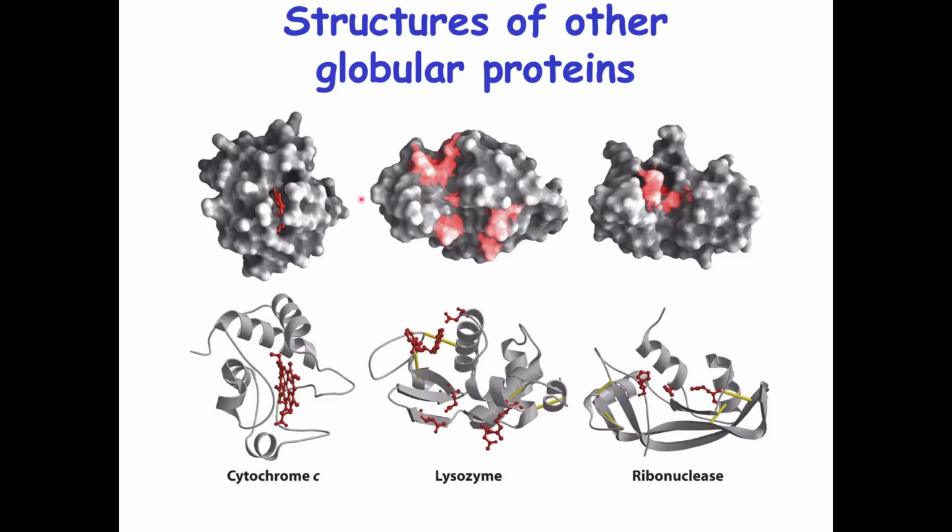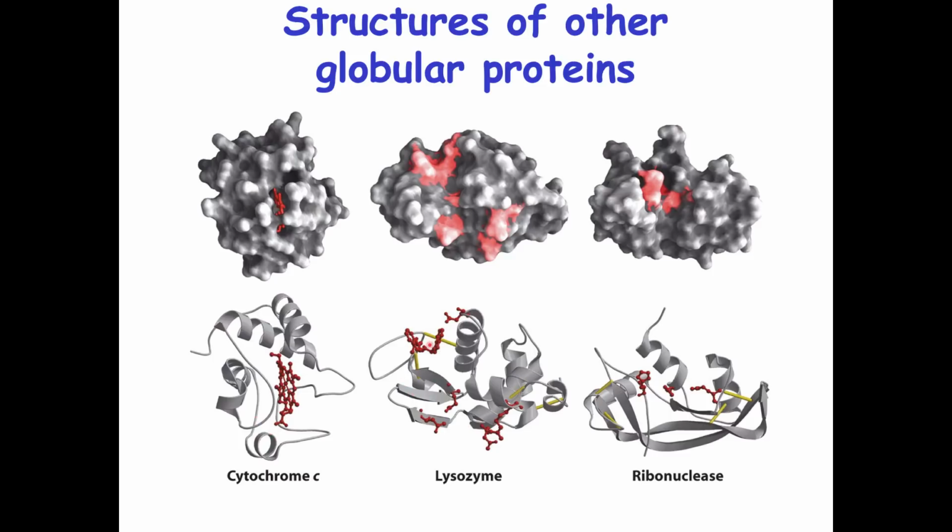And this is just to show that lots of different proteins form this globular structure. Here we see the contour modeling, the space filling, and then the ribbon diagrams. And on the bottom, this representation highlights the different structures. So we have alpha helix, alpha helix, alpha helix, alpha helix. Here we have some beta sheets.